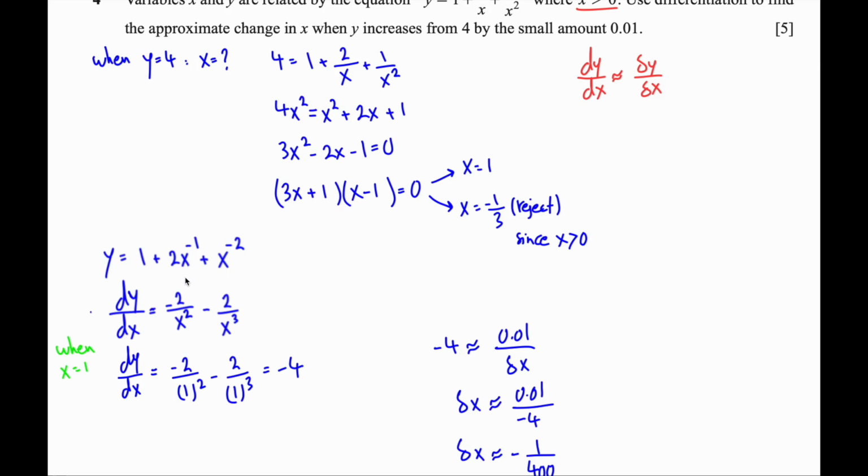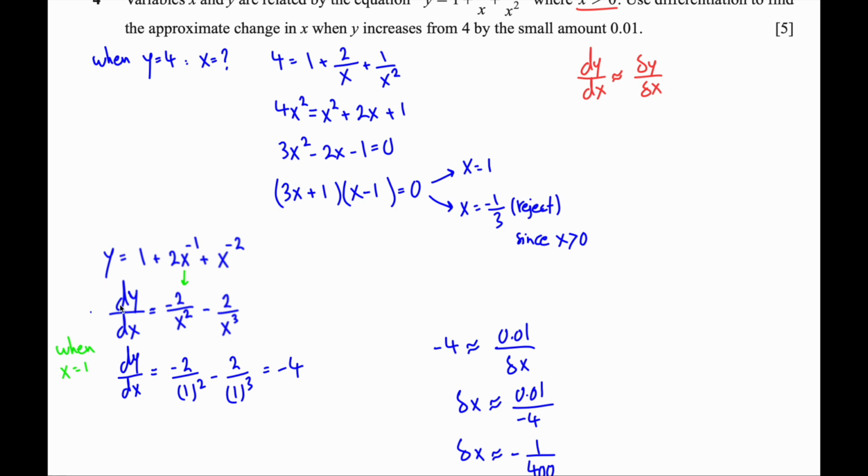The derivative of 2x to the power of negative 1: negative 1 goes in front. You subtract 1 from the existing power, which becomes negative 2, but then it goes down and becomes positive. Same thing here, negative 2 goes in front. That's why I have this negative 2 here. And then you subtract 1 from it, you get negative 3. Again, bring it down, you get positive 3.